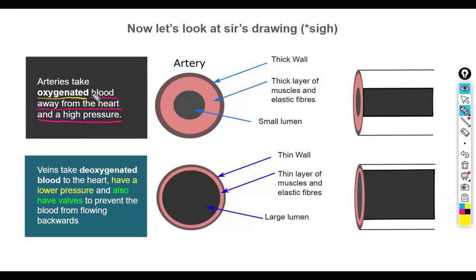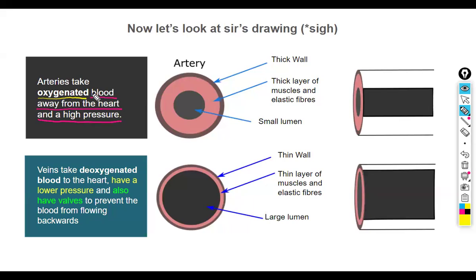Remember, most arteries take oxygenated blood away from the heart. But that note makes it seem that all arteries take oxygenated blood, that's blood with oxygen in it, away from the heart.